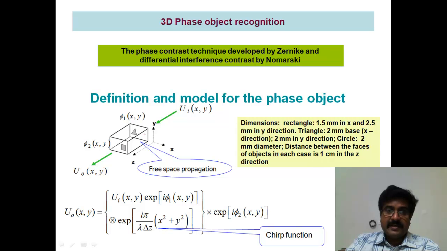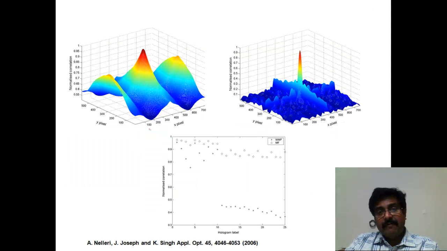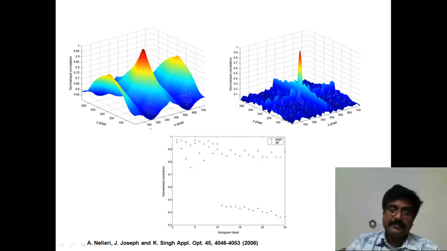This can serve as a phase object. These coatings are invisible because light transmits through them. Record and reconstruct and generate the phase contrast, and finally wavelet or conventional matched filtering can be done for three-dimensional object recognition. This is another work which can be referred to for three-dimensional object recognition and classification of phase objects.